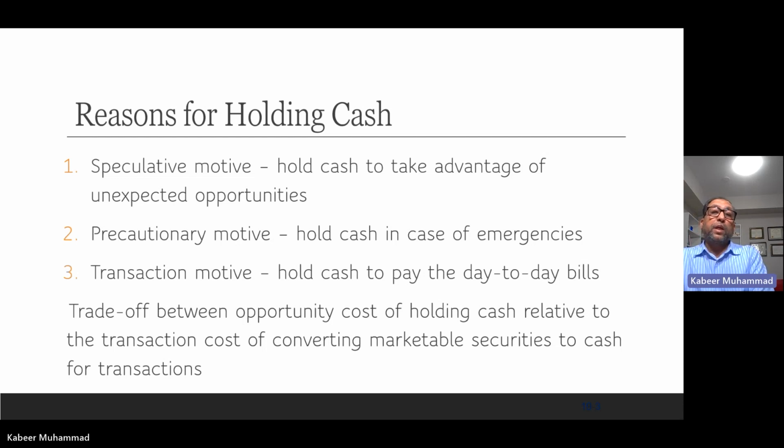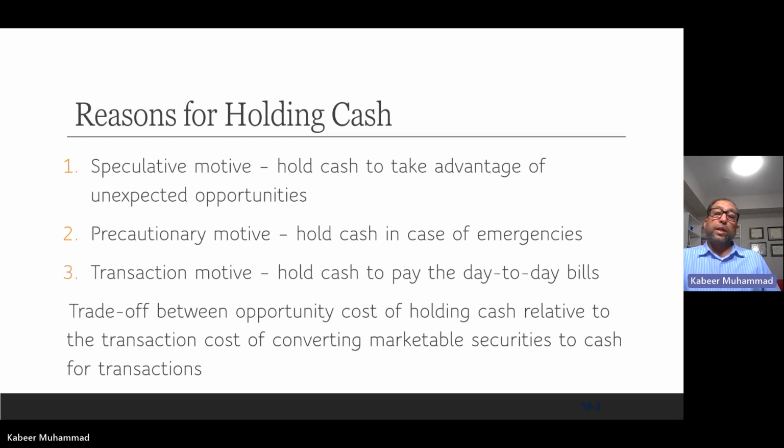Hold cash in case of emergencies. And the third one, according to Keynes, is the transaction motive: hold cash to pay the day-to-day bills. We need cash today to do our groceries, to buy our lunch or dinner, to buy our gas, all these things.